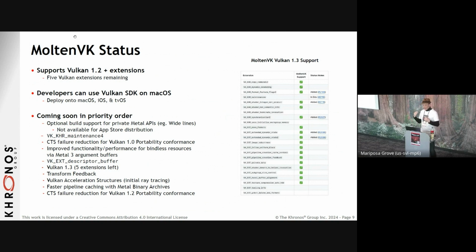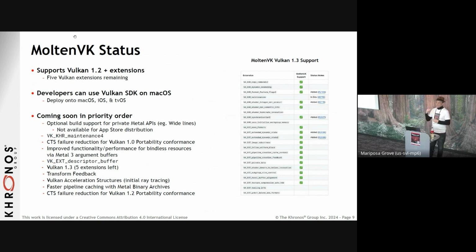We're working on that push to Vulkan 1.3. Maintenance 4 is an important extension, so that's something that's actually got an open PR, and we're working through the final details. So maintenance 4 is coming very soon. Conformance and portability is a big push to get the CTS failures down to 0 using the concepts that I mentioned before.